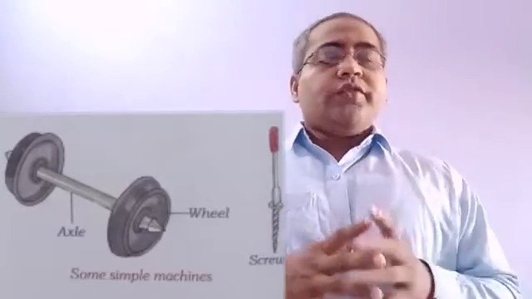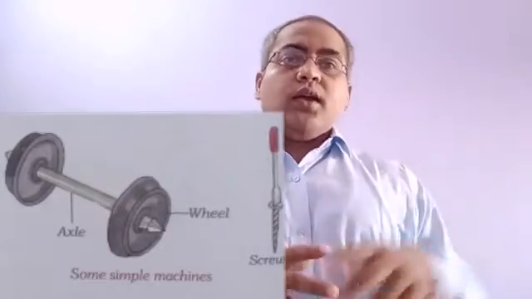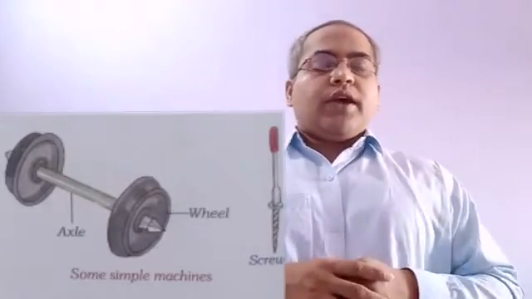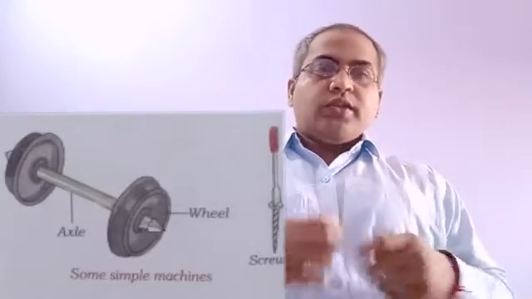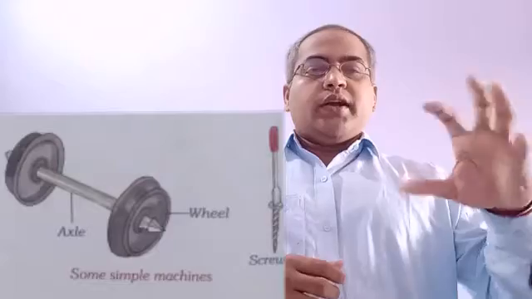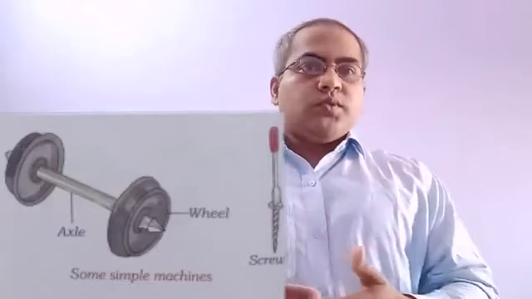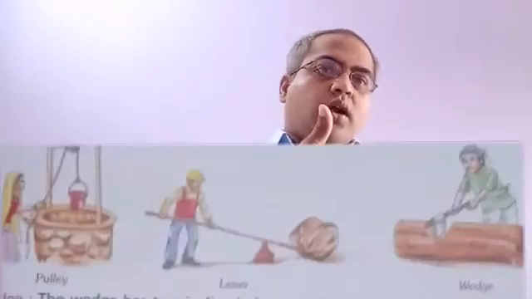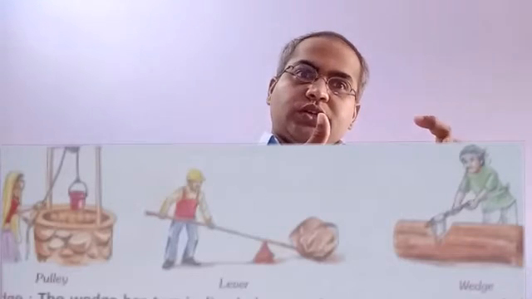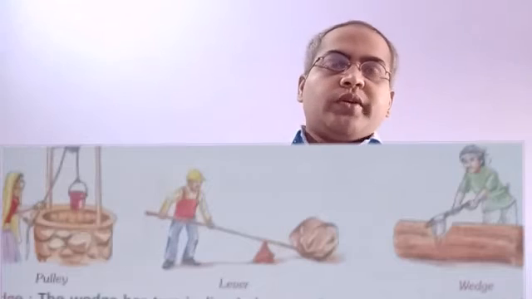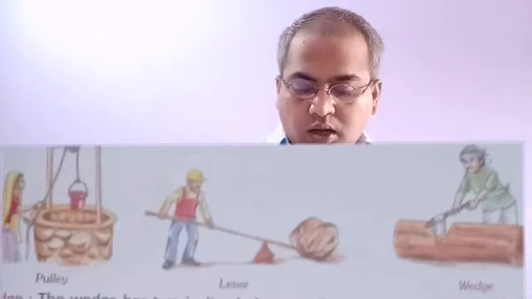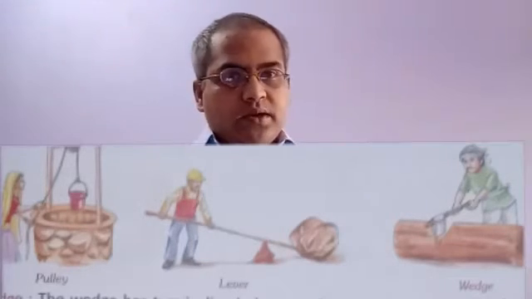If you visit the shop of a tailor for sewing your clothes, you will find there is a wheel in the machine. He is turning the wheel, so the whole machine is moving. There is a rod in the machine and the wheel is fitted with the rod, and when he moves the wheel, the whole thing moves. This is the best example of a wheel and axle machine.